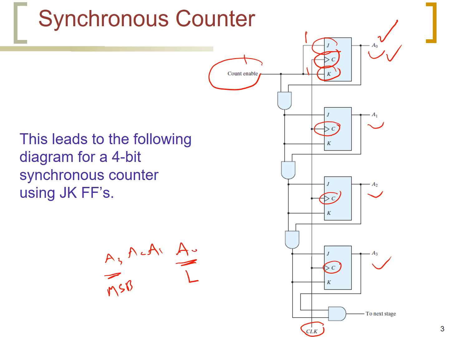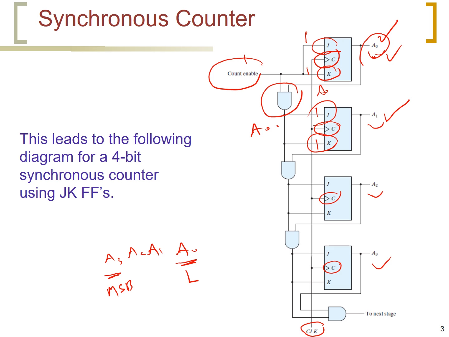For the next flip-flop, we connect A0 dot the count enable through this AND gate. So this is ANDing A0 here with the count enable, and this will be 1 whenever A0 is 1. So whenever A0 is 1, J1 and K1 will be 1s, which will make A1 complement.